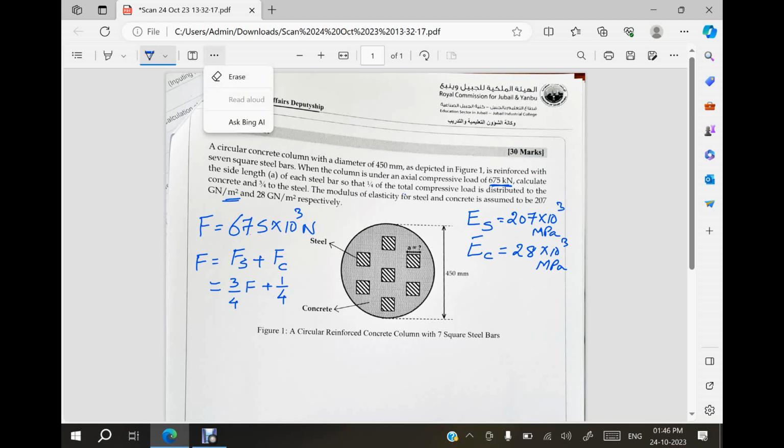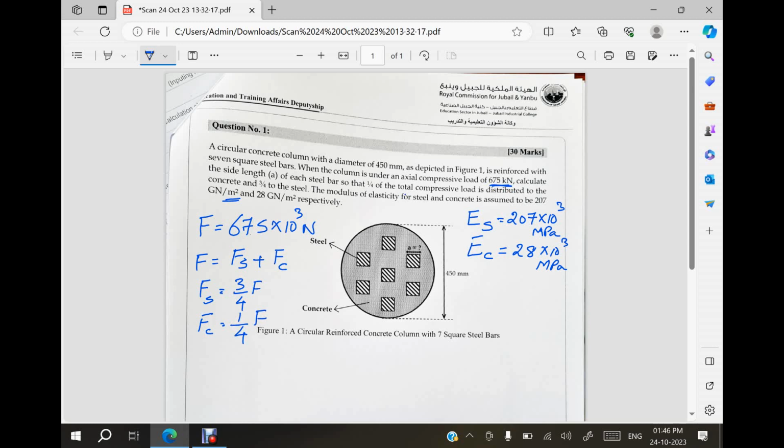Let me remove this one. Let me write it this way. Okay. F of steel is equal to 3/4 of F. F of concrete is equal to 1/4 of F. This is what he has given us in the problem, isn't it?